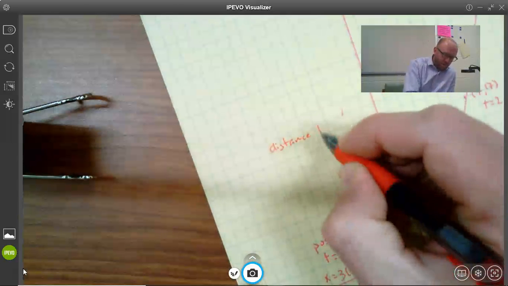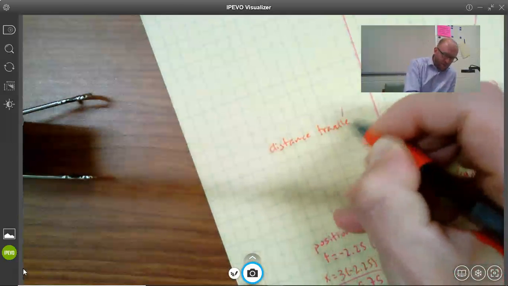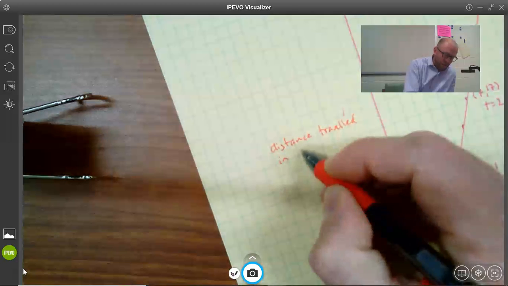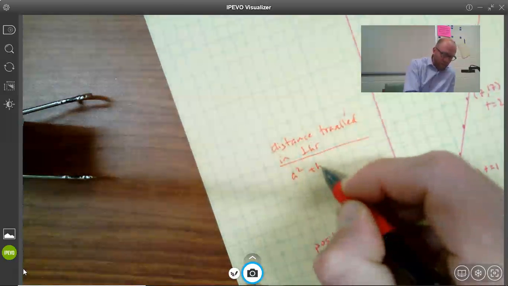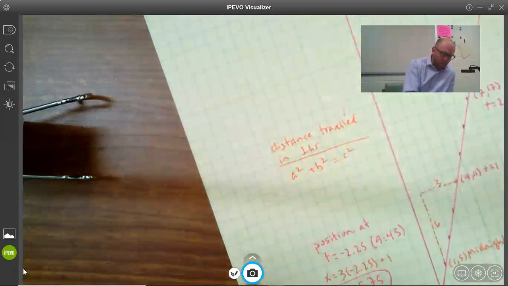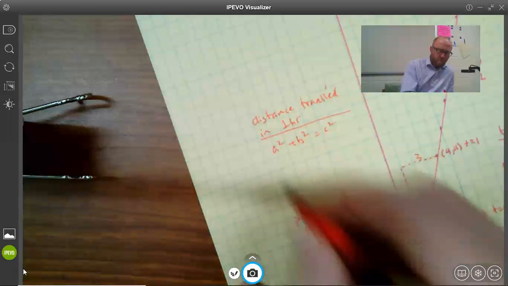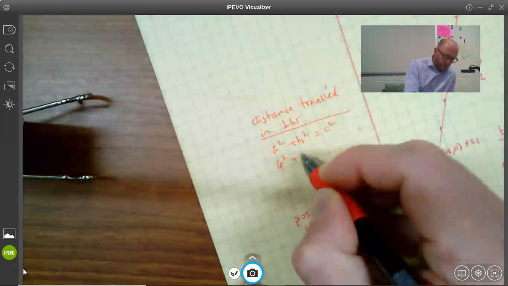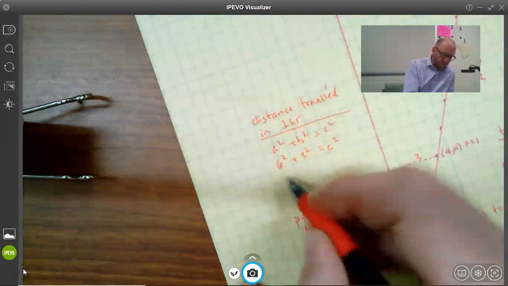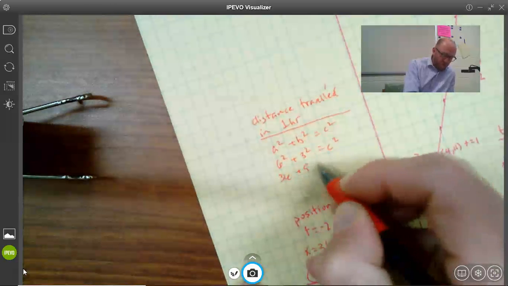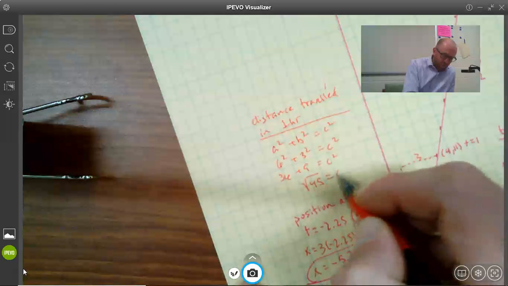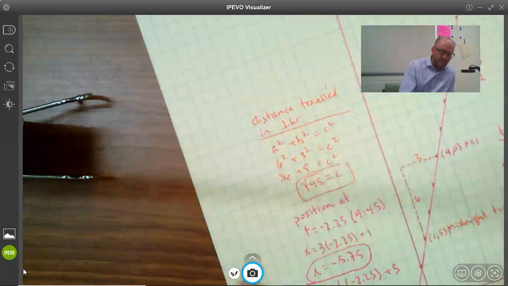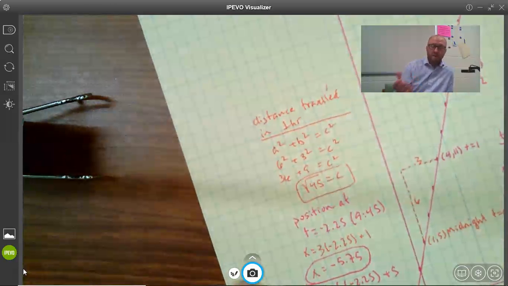Distance traveled in 1 hour: A squared plus B squared equals C squared. We have 6 and 3, so 6 squared plus 3 squared is C squared. 36 plus 9 is C squared, so C is the square root of 45, and that's per hour.